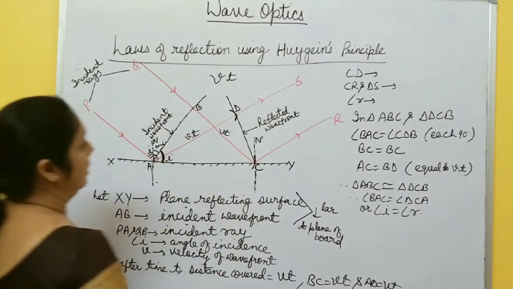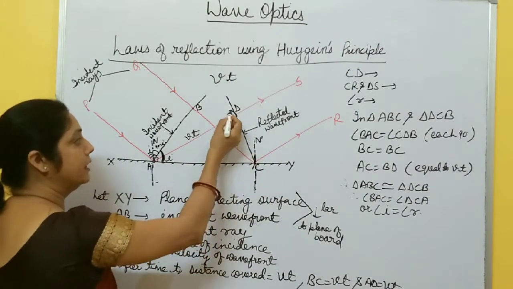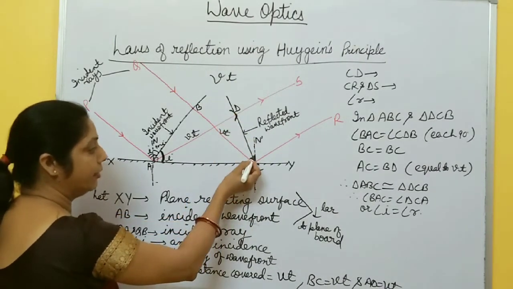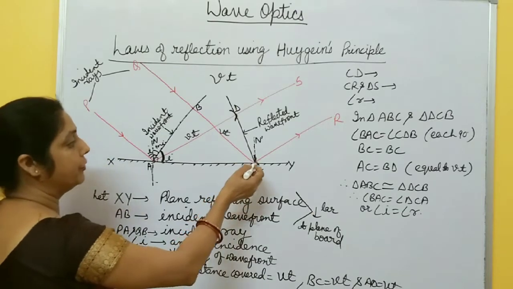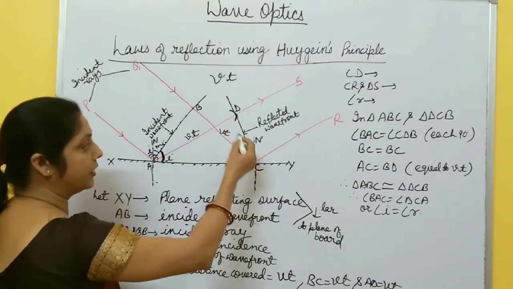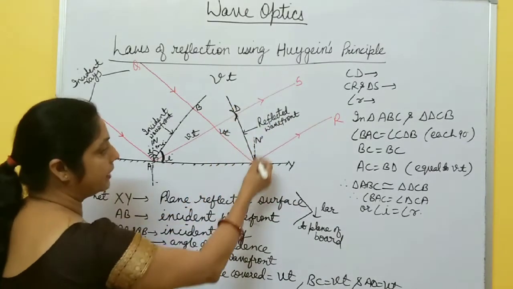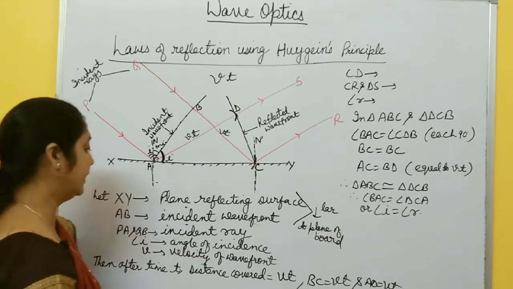Now, according to Huygens' principle, if you draw a tangent on these secondary wavelets, you get the next wavefront. This CD is called the reflected wavefront.